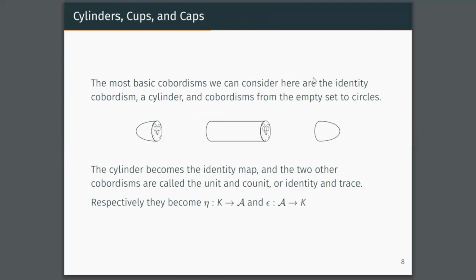So if we're assigning a circle to a matrix algebra, this one takes in a number from the ground field and outputs a vector, the diagonal matrix, where the diagonal is all that number from the ground field. And this one takes in a matrix, adds along the diagonal, and outputs the trace.